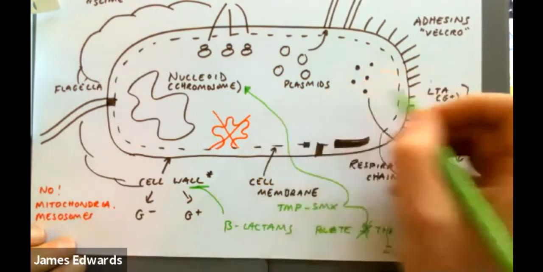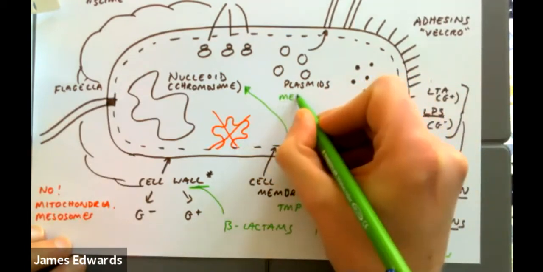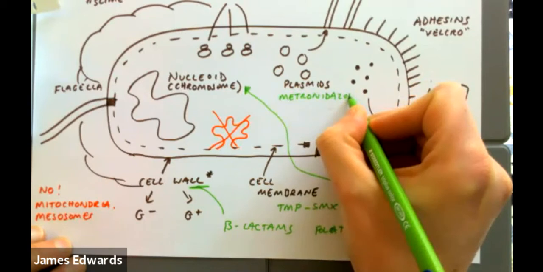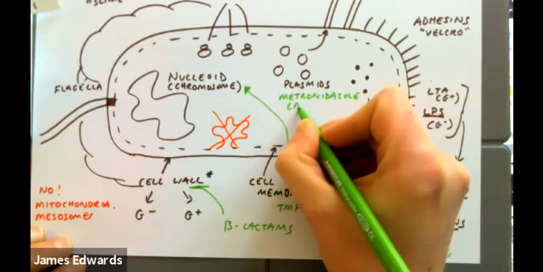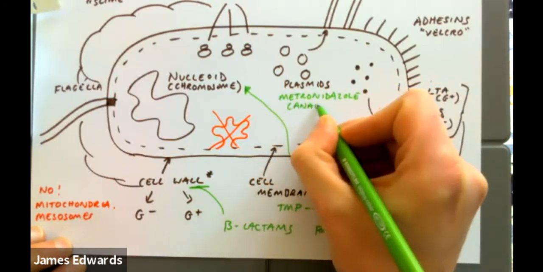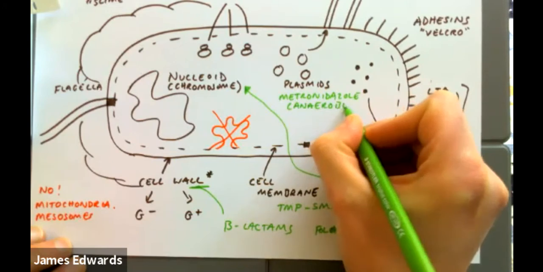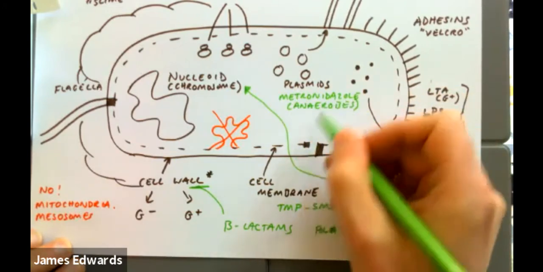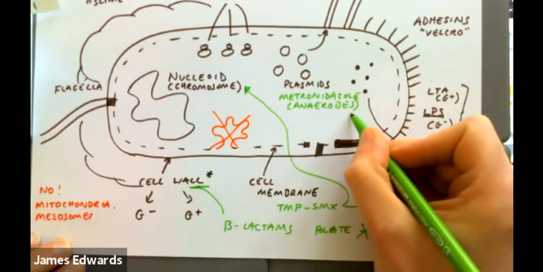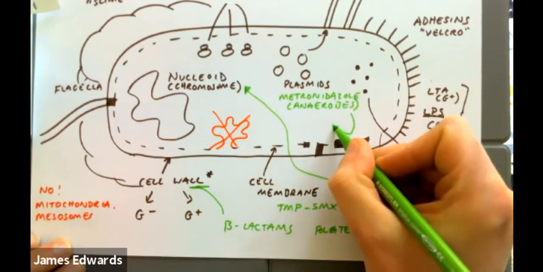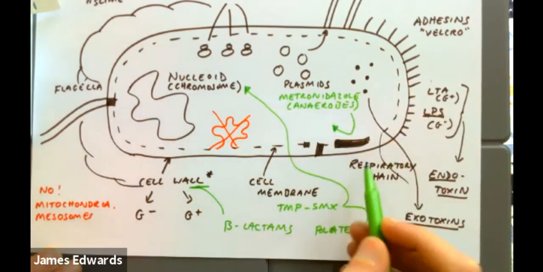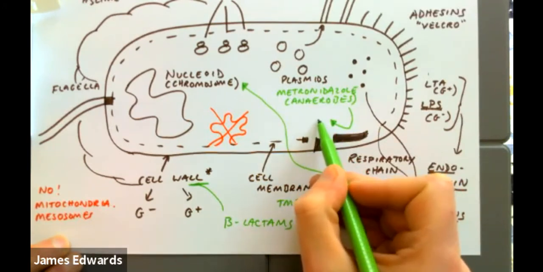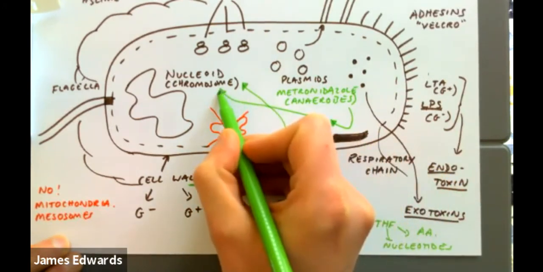There was metronidazole. This is only effective against anaerobes. What it does is it enters the cell as a prodrug, is switched on by interacting with the anaerobic respiratory chain, and then in its active form goes off to damage the DNA.